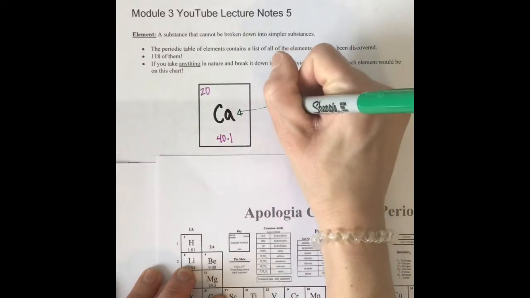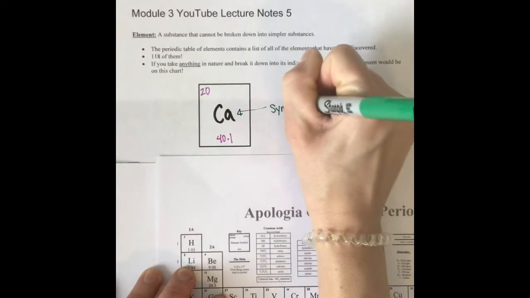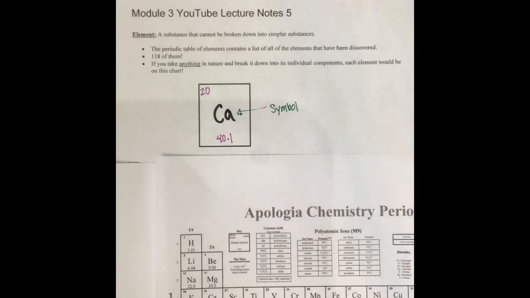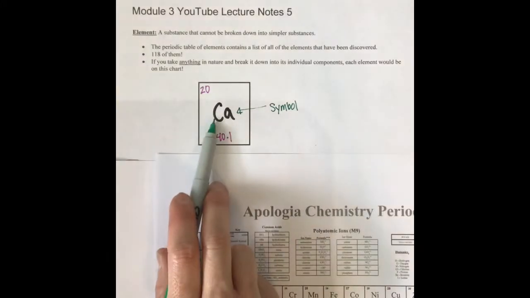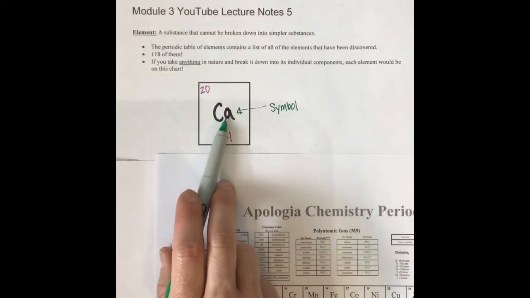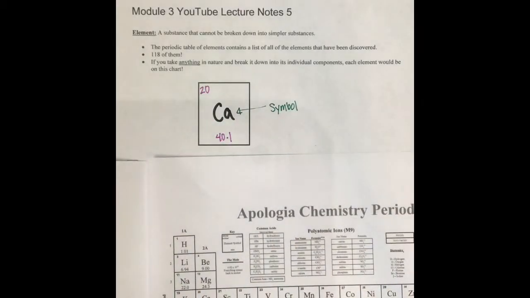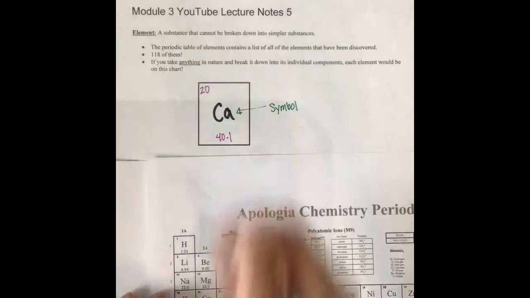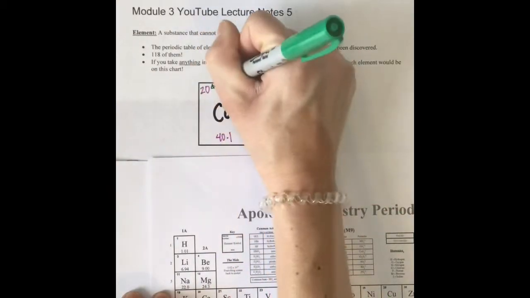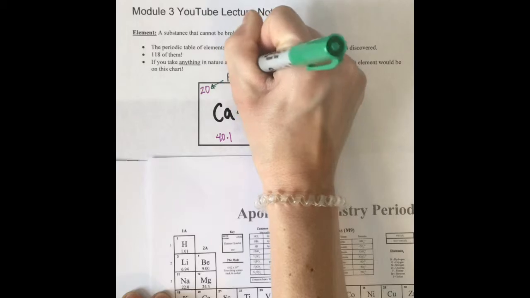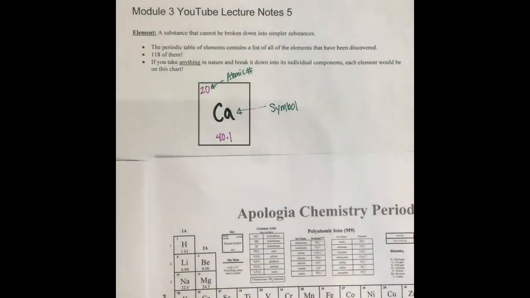Ca, or calcium, is just the element symbol. It will always have a capital letter first and a lowercase letter second. Not all of them have 2 letters, but for the ones that do, that's how it should look. The top number is the atomic number, and the periodic table is organized by atomic number.